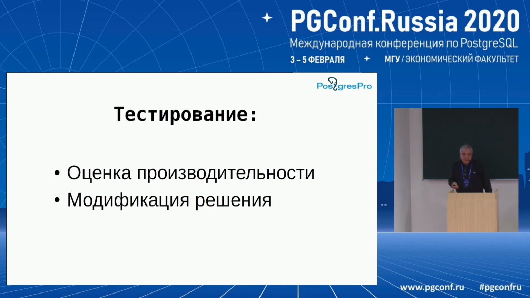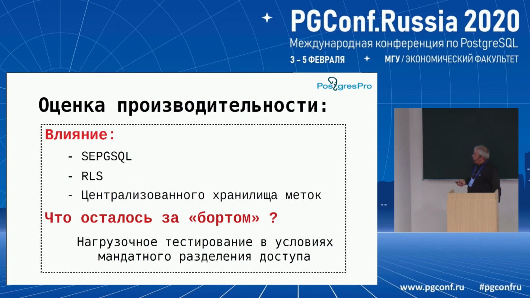And now, testing. So the initial stage was passed, we devised the solution, we created policies, and what will we have in practice? The assessment of performance. We have a triple impact here.